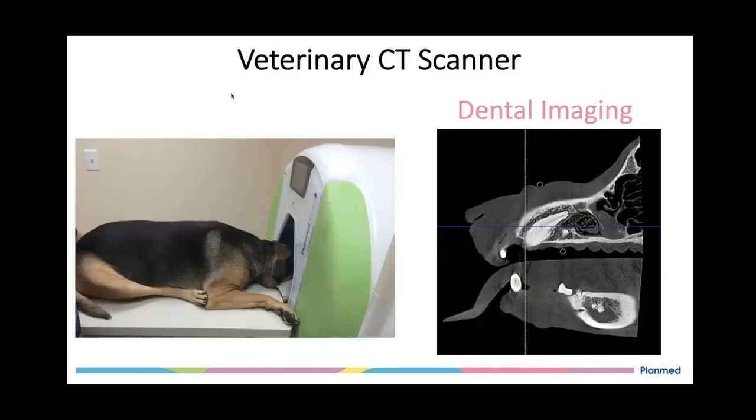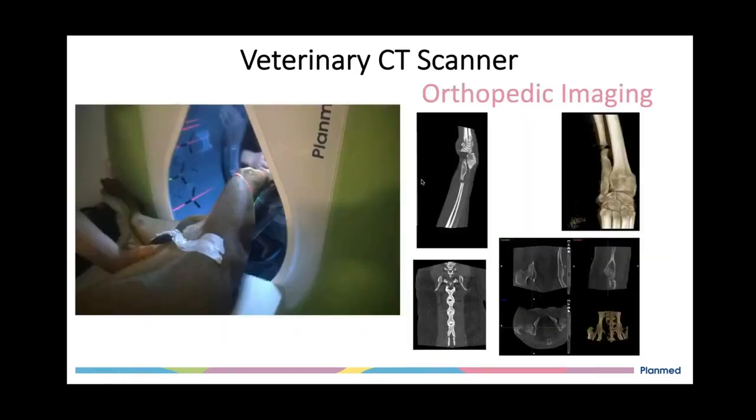It's very simple to position the animals in the machine. It has a bore size, that's the size of the area that the tube head in the center will go around the patient. It can be used for both dentistry, of course, and for orthopedic imaging to a certain degree. You're obviously not going to fit a large breed dog in the smaller bore.